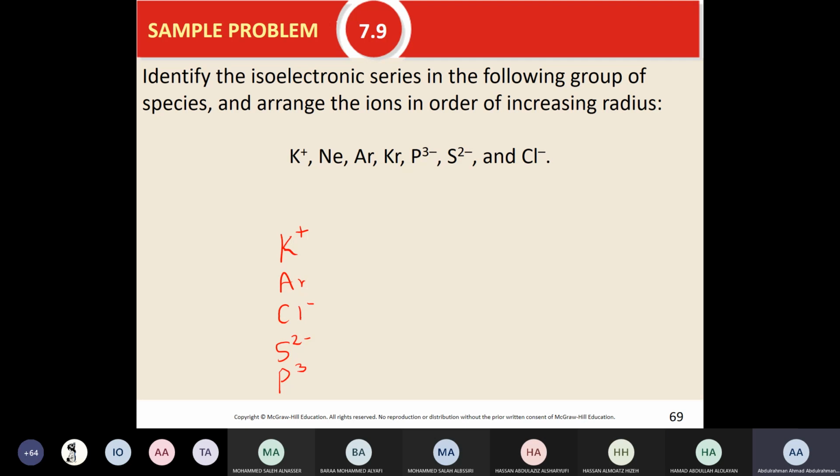What's the structure of argon? 1s2, 2s2, 2p6, 3s2, 3p6. Let's write it the other way, like this. Good. What's the structure of K plus?